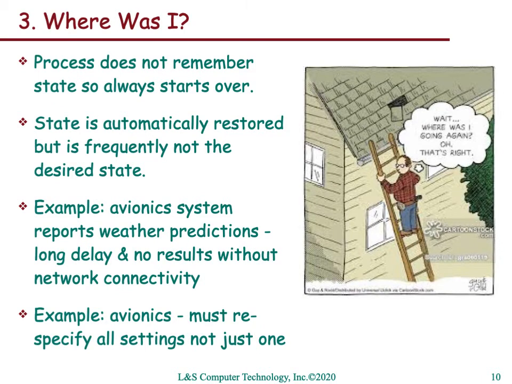The third CPS antipattern, "where was I," happens when a process does not remember state information, so it always starts over, or when state is automatically restored, but is frequently not the one that you want. One example happens in an avionics application that reports weather predictions.